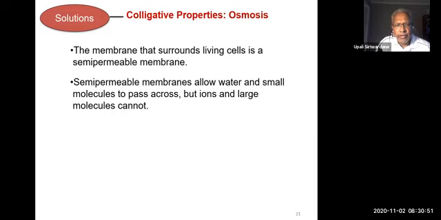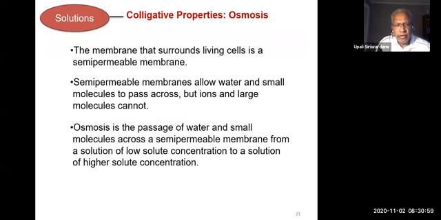So only the solvent passes through the membrane from the lower concentration to the higher concentrated solution. Osmosis is the passage of water and small molecules across a semi-permeable membrane from a solution of lower solute concentration to a solution of higher solute concentration.